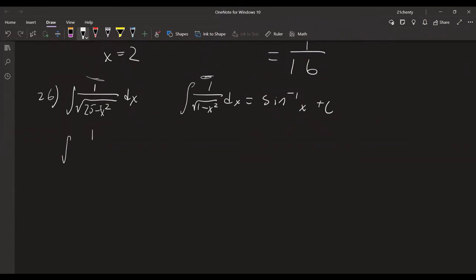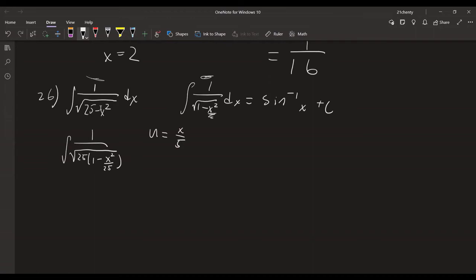So we get 1 over square root of 25 parentheses 1 minus x squared over 25. And you'll notice that 25 is a perfect square. So when we factor it out, we get a perfect square on the bottom, which just makes this easier because we can u sub for u equals x over 5, because x over 5 squared is x squared over 25, and that correlates with the x squared that we need right here.